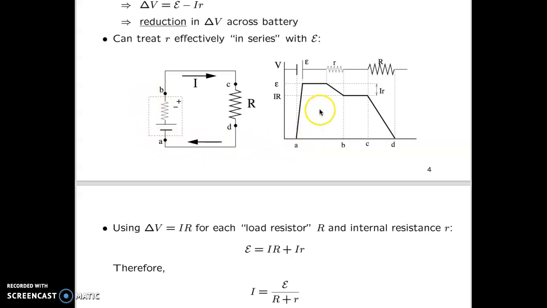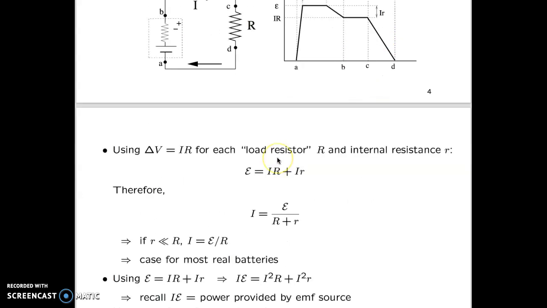So you see what happens with an internal resistor when current flows through the battery: the potential difference will be a little bit less than the EMF. You climb by the EMF value, and you come down a little bit. How much? It depends on how much current you have.